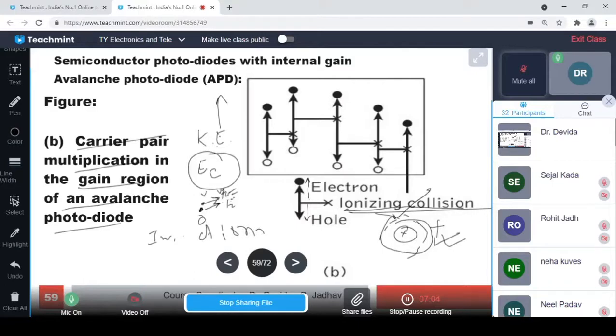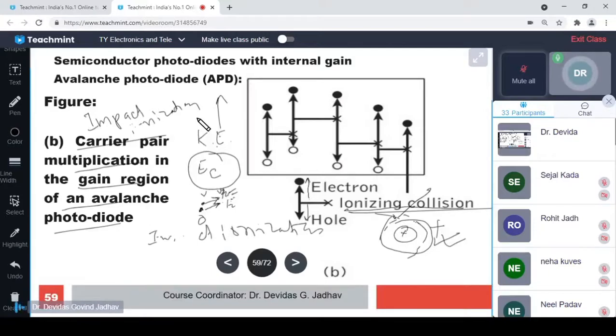I will write it here. Impact ionization. So due to impact ionization, a large number of electrons are generated from a single electron.